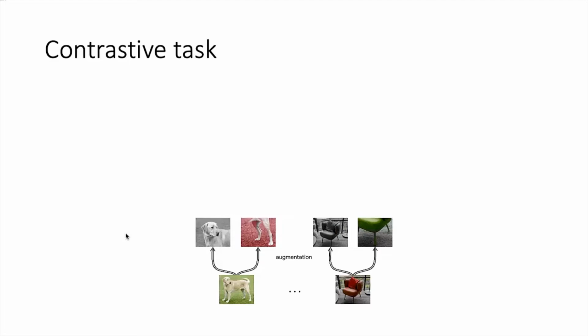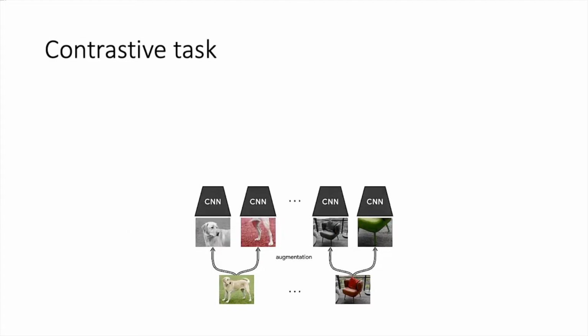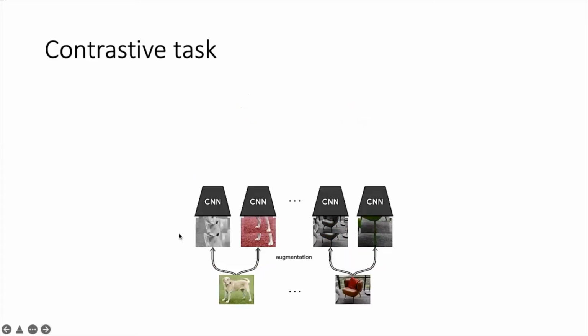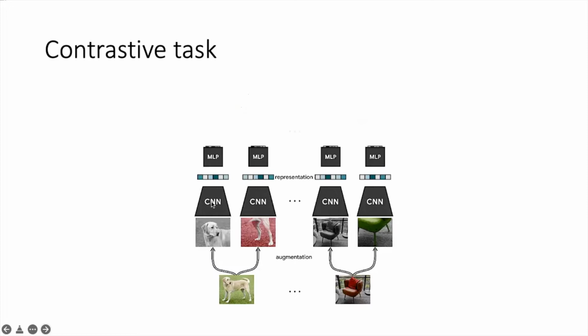Now, we have talked a bit about the contrastive task. What that essentially means is that you start with an image, you create two augmentations of that image, and you pass them through a network. This network is called the encoder network, and it generates an embedding. Now, you use that embedding to compare the images.